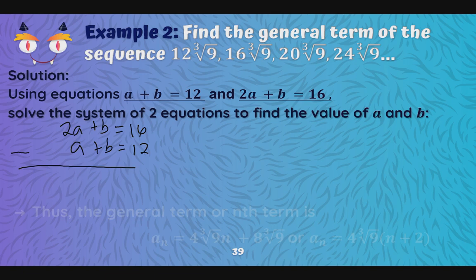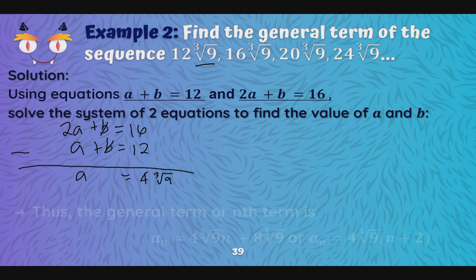Magiging 2a minus a is a. b minus b is 0. 16 minus 12 is 4. So, kung kanina, may value na tayo ng a, ngayon, isoli na natin itong cube root of 9. Cube root of 9. We read this as, ang value ng a natin is 4 cube root of 9.